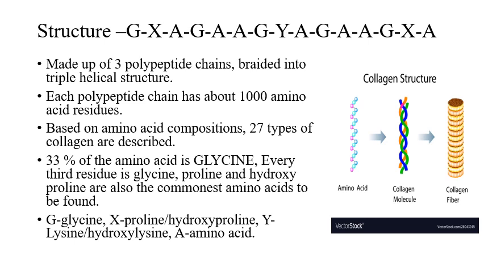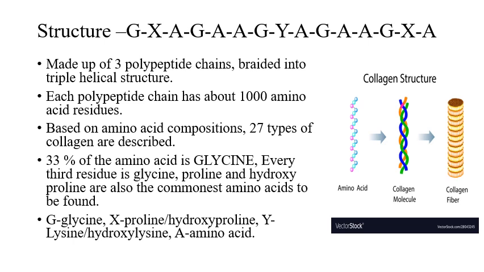The most common amino acid present in collagen is glycine, about 33% of the amino acids in these polypeptide chains. That is, every third residue in the chain is glycine, and the next commonest amino acids are proline and hydroxyproline, followed by lysine and hydroxylysine, and the rest of the chain contains different amino acids.